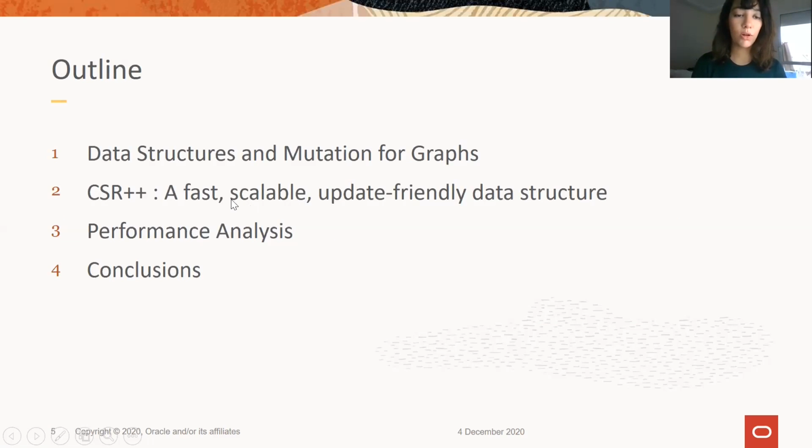Then the properties, since we're mainly addressing property graphs in this case. Then the update protocol. Next, a breakdown of the performance analysis of CSR++, and then a small conclusion.